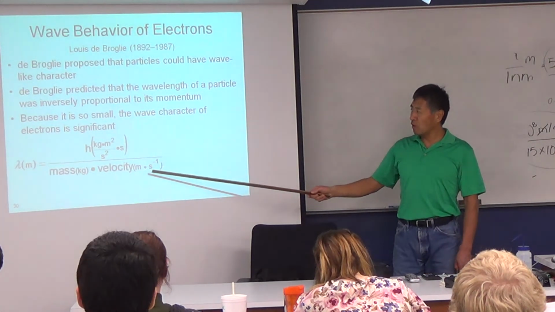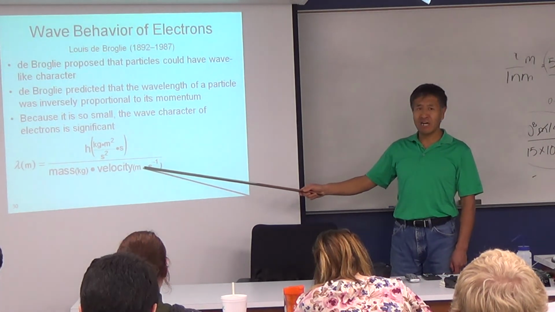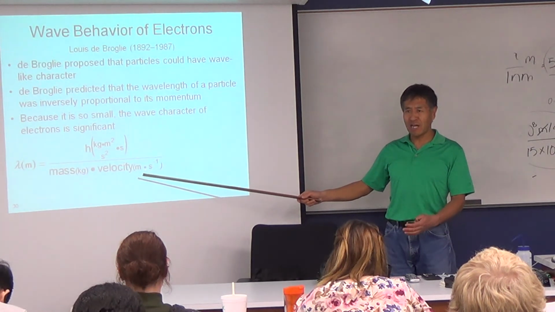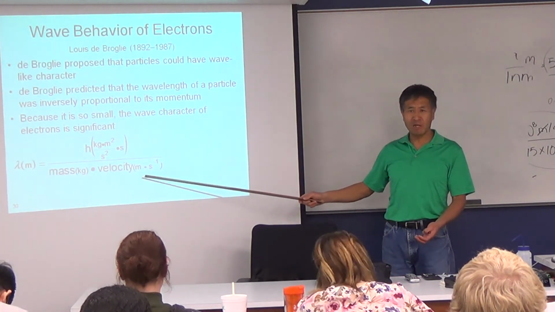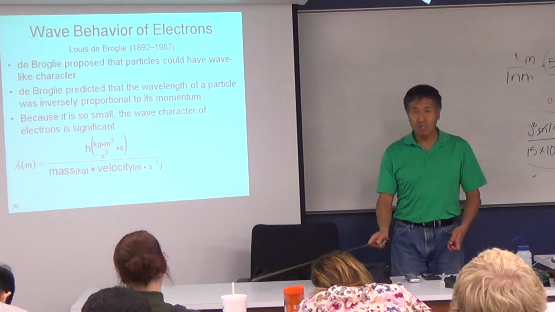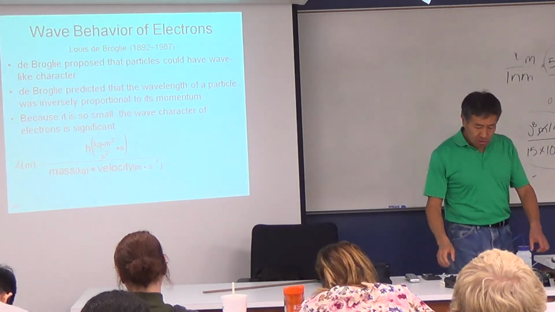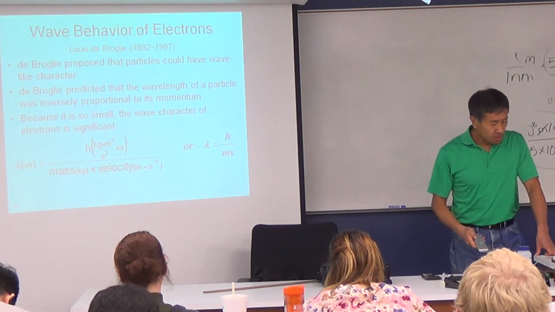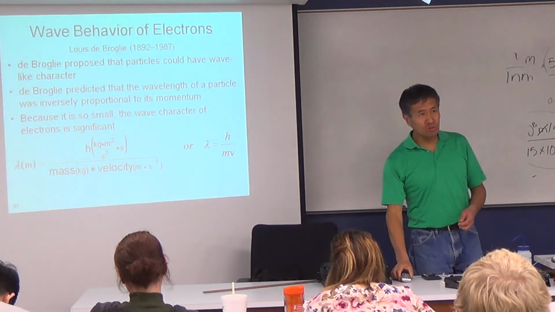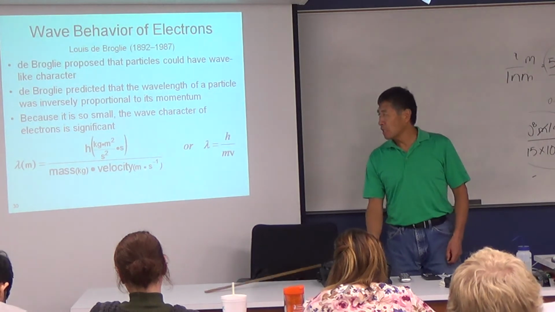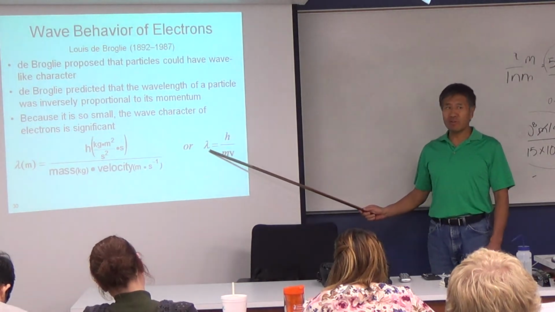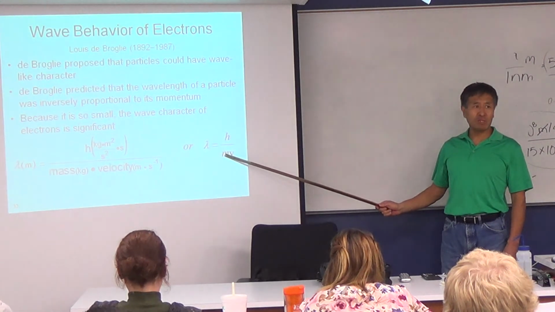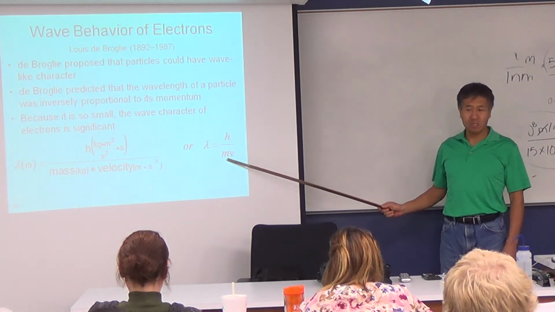And velocity will obviously be in SI units. Velocity is distance divided by time, so it should be meters divided by seconds. So it's a very simple formula. Simply written without all those units, the wavelength for the electron wave equals h divided by m divided by velocity.